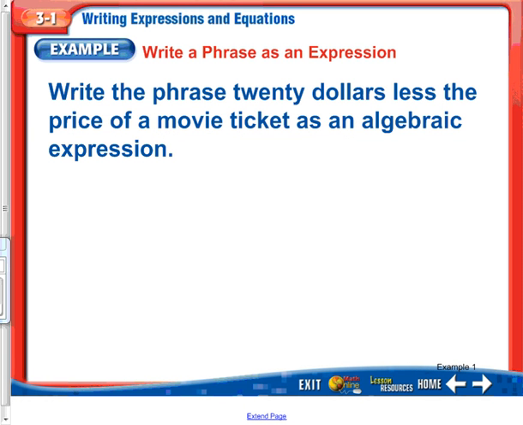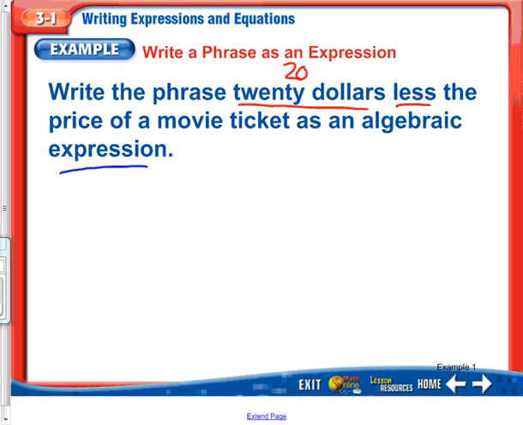For this problem, it says write the phrase $20 less the price of a movie ticket as an algebraic expression. So the word expression tells us we're not going to have an equal sign in this problem. What we want to do is underline key words and phrases. Right here it says $20, so we can write 20.